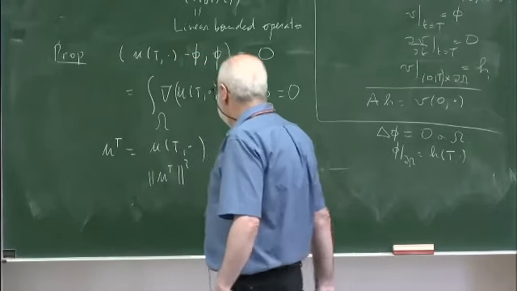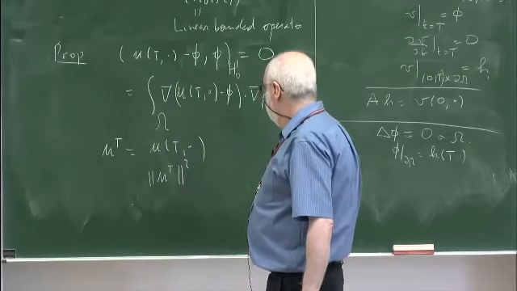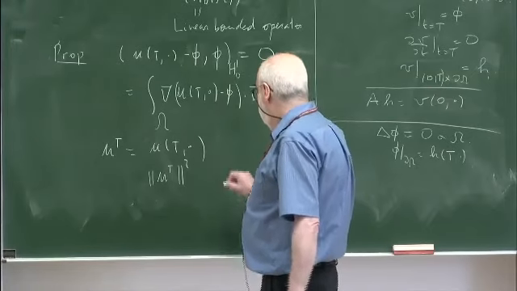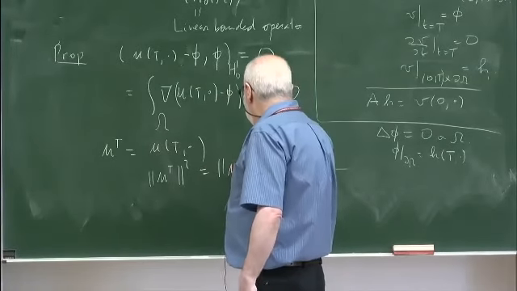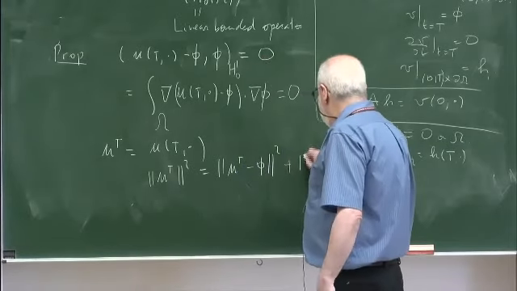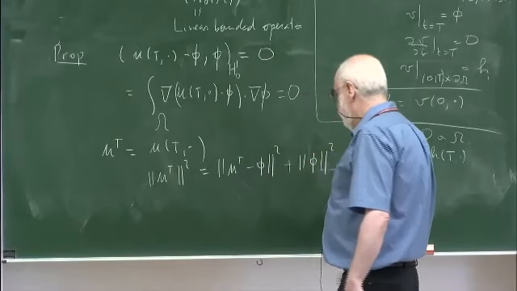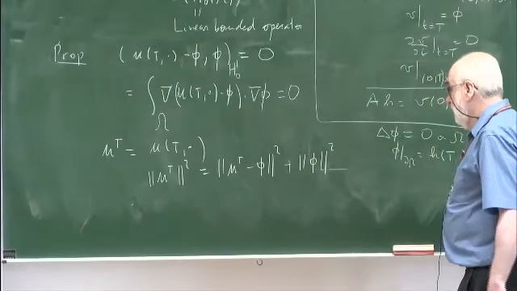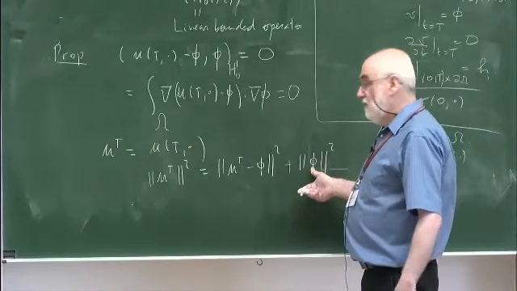So I'm not going to denote the space where I'm computing the norms, it is the obvious one, is equal to the norm of ut minus phi squared plus the norm of phi squared, because this is orthogonal to this.